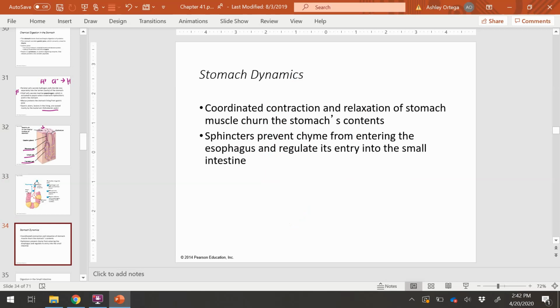And so the stomach will contract and relax muscles to churn and to rotate the contents of the stomach. And the stomach has sphincters on both ends to prevent chyme from entering the esophagus and to regulate when it enters the small intestine.